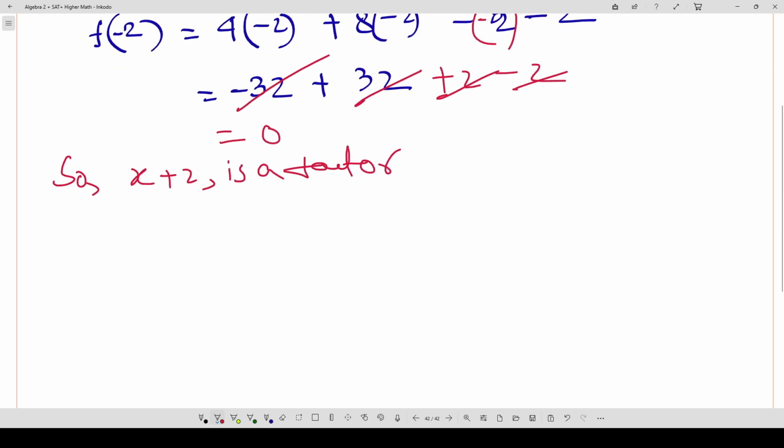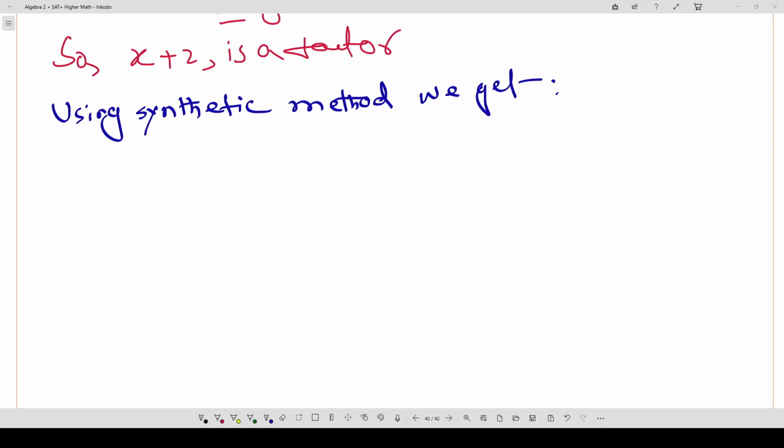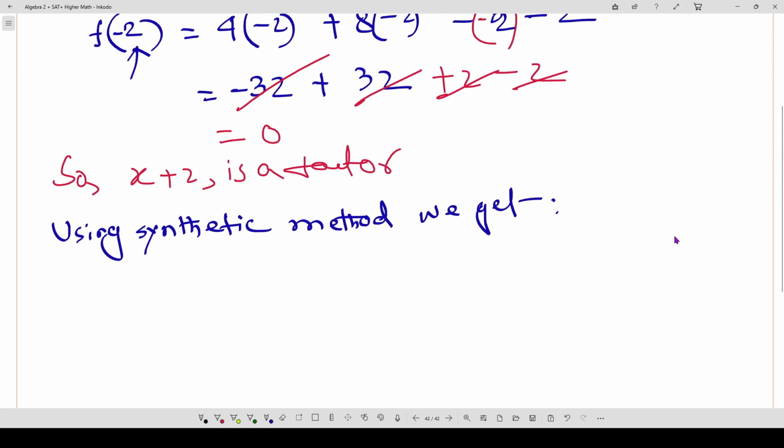Now again using synthetic method, we get. Now we have to find out the quotient.